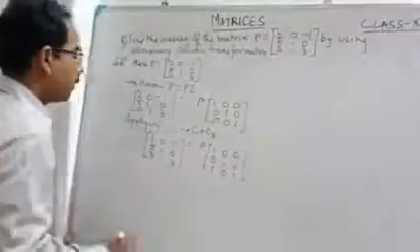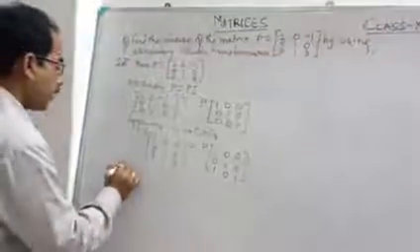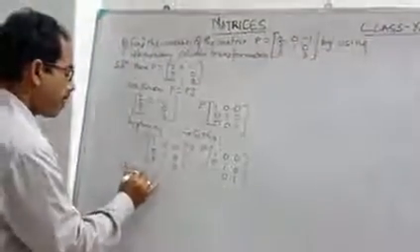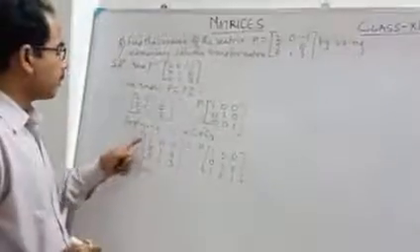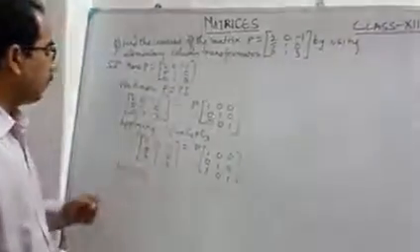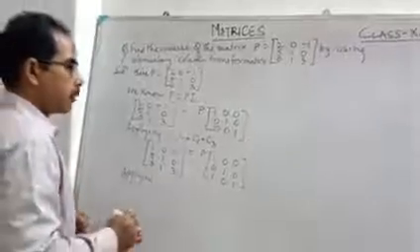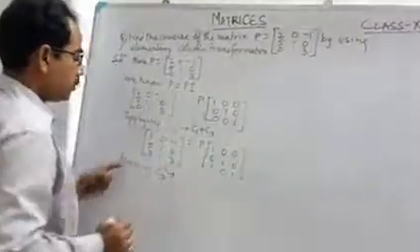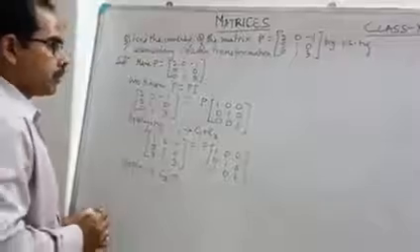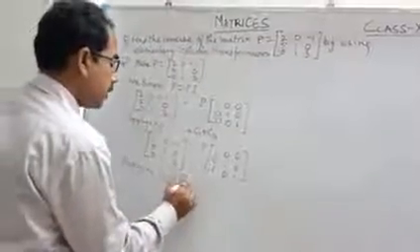Correct? Now next, we have to make the identity matrix over here. So 1, 0, already it is there. So now applying C3 prime, let us do C3 prime tends to C3 plus C1.